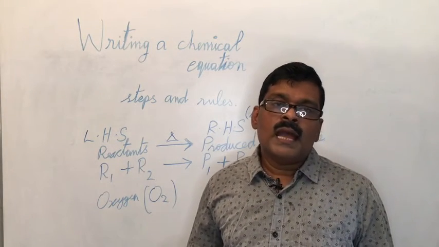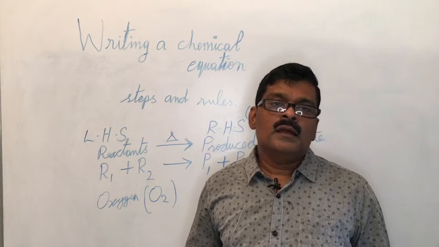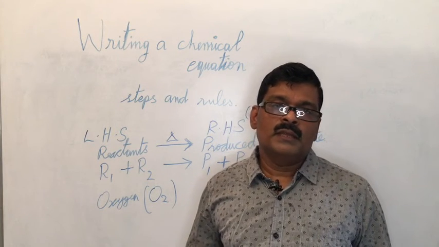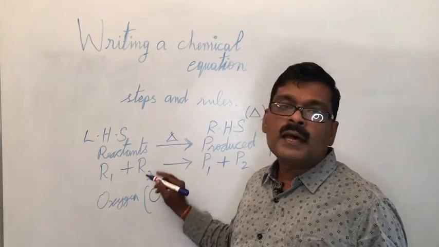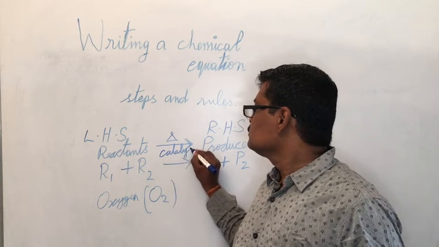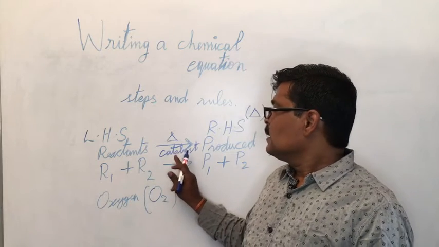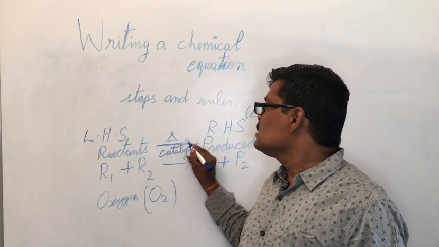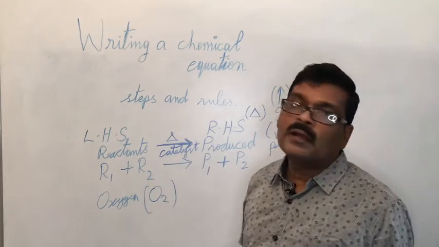Next, if any catalyst is used to promote the chemical reaction, it can be indicated below the arrow as catalyst. A catalyst is indicated below the equation arrow.